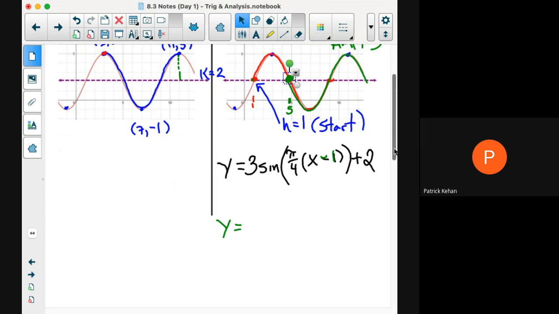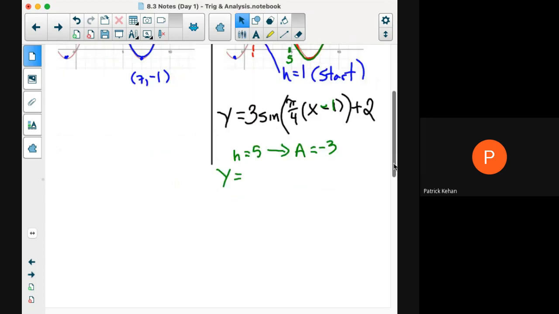This green section starts at the line of oscillation and goes down, which means your A value is negative. So your h value to start is 5, which also pushes your A to become -3. Amplitude is still 3, but the A value is -3.